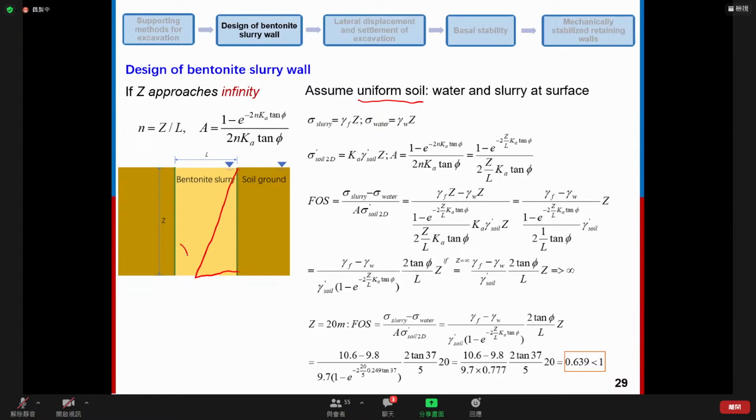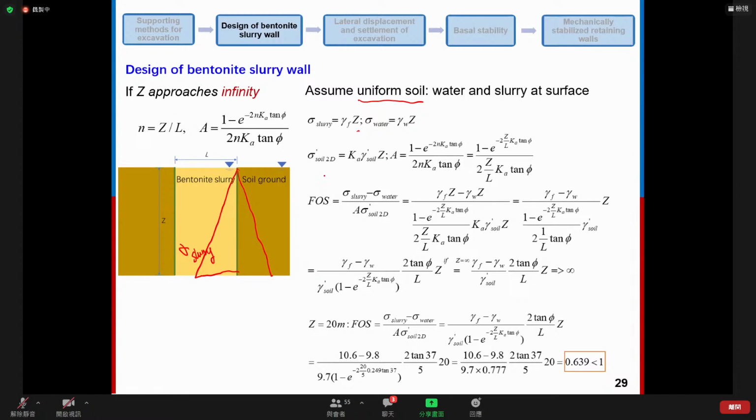This one is sigma slurry, which equals the unit weight of the bentonite slurry times the depth. And outside the excavation, we can calculate the water pressure distribution, which equals the unit weight of water times the depth.